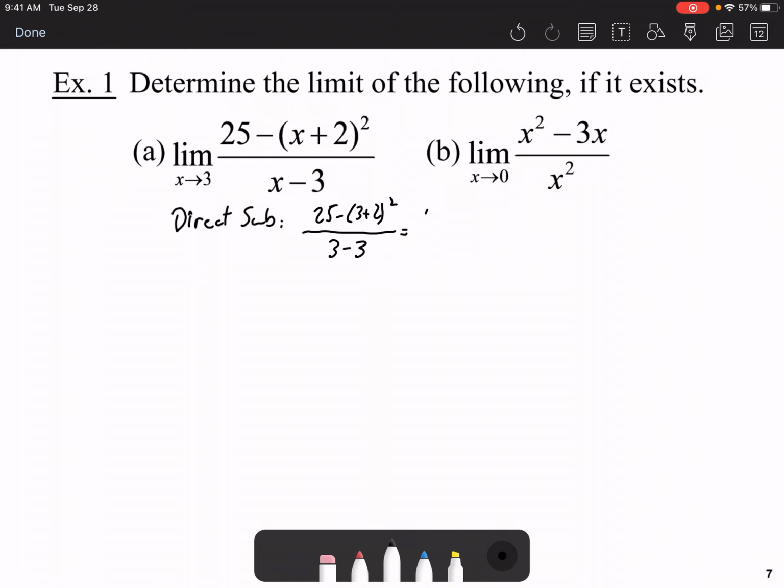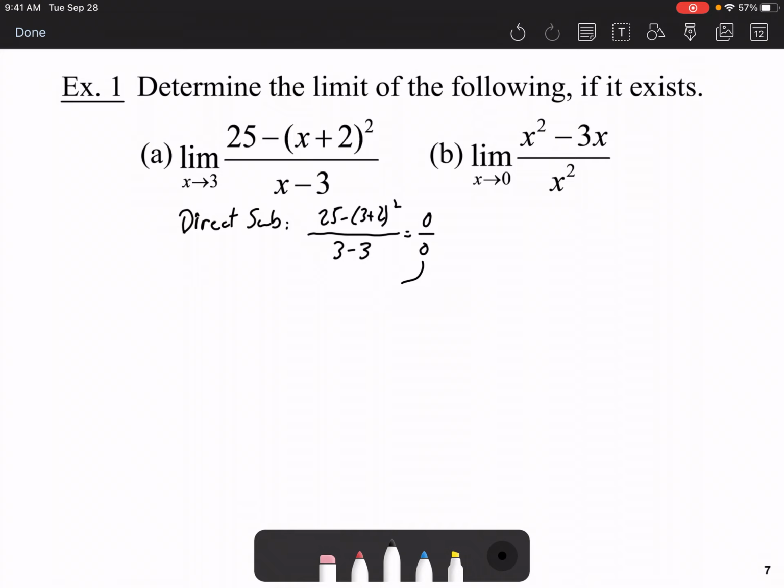Well, this gives me 0 in the numerator and 0 in the denominator. This creates a hole. When this happens, this is called indeterminate, meaning we do not know actually what the value is.